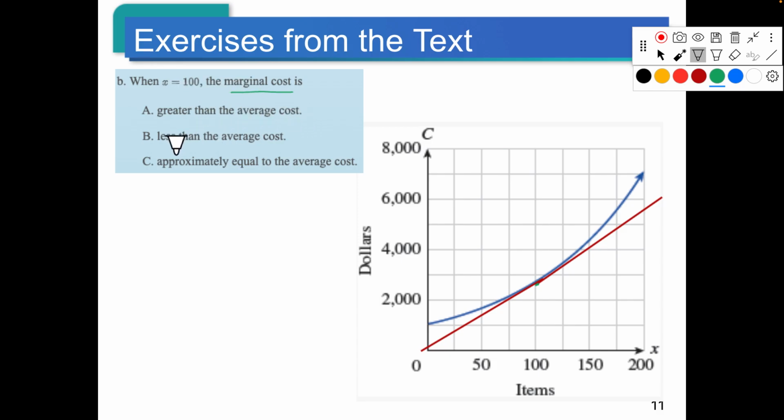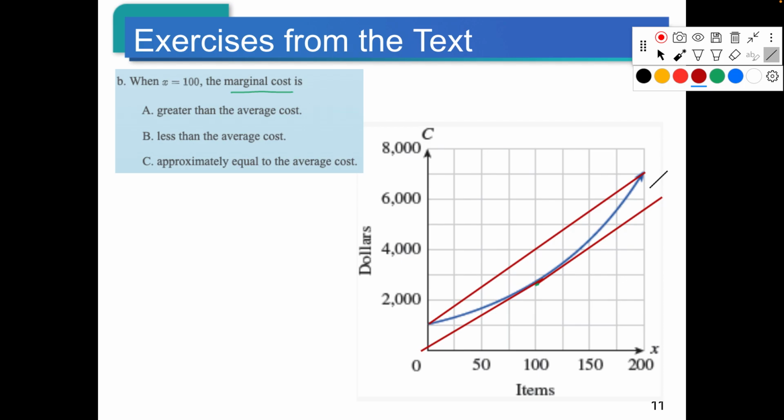Is it greater than the average cost, or less than that? How do we get the average cost? Well, they didn't give us an interval, but remember, we'll assume they went from the beginning to the end. The average cost is a secant line, not the tangent line. So we're going to connect the 2 points from the starting to the ending. What do you think about those two slopes?